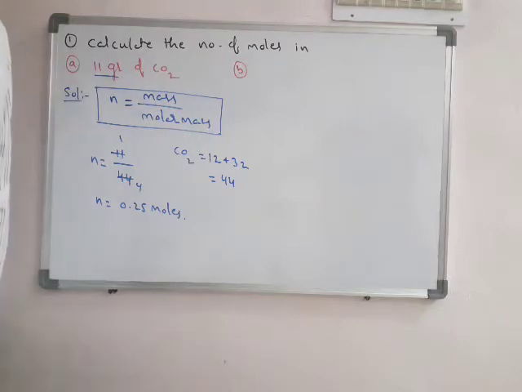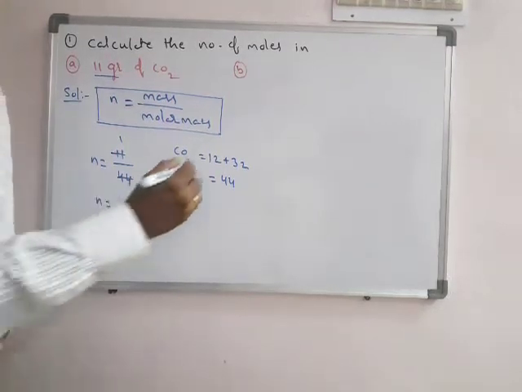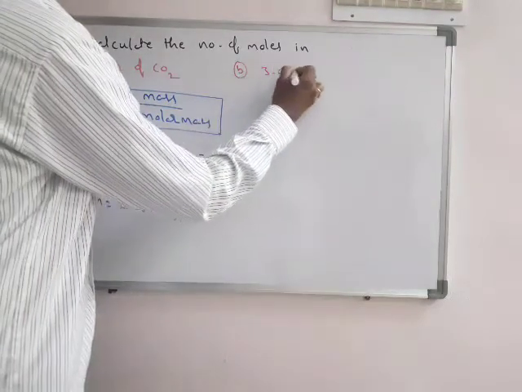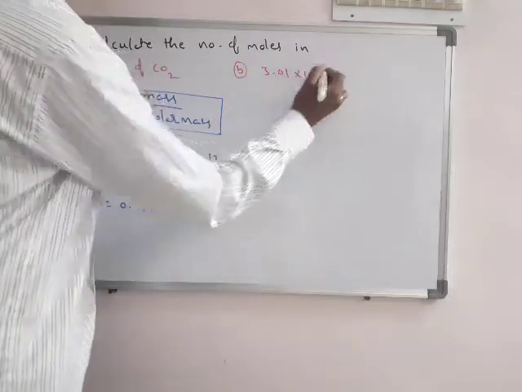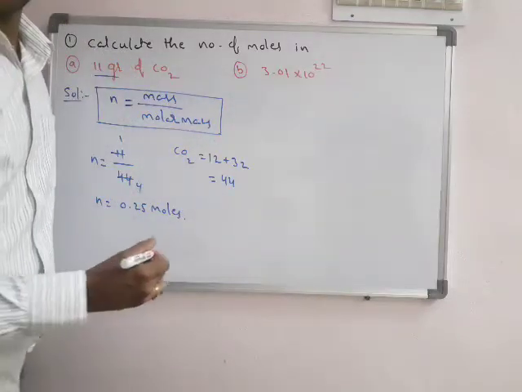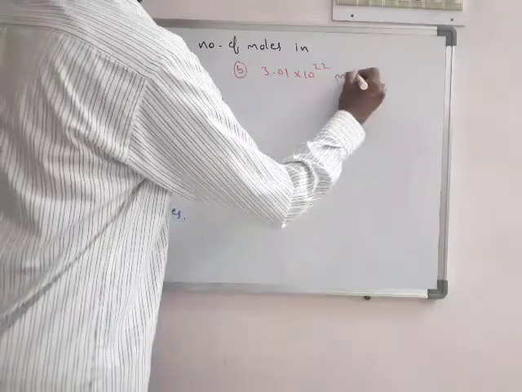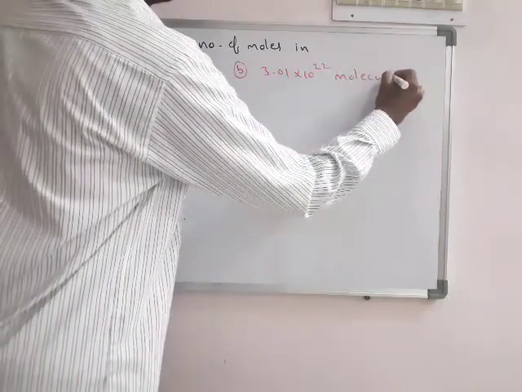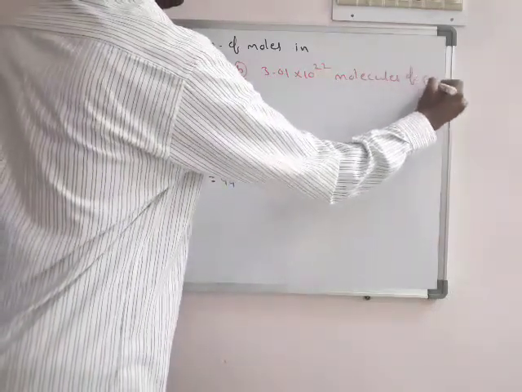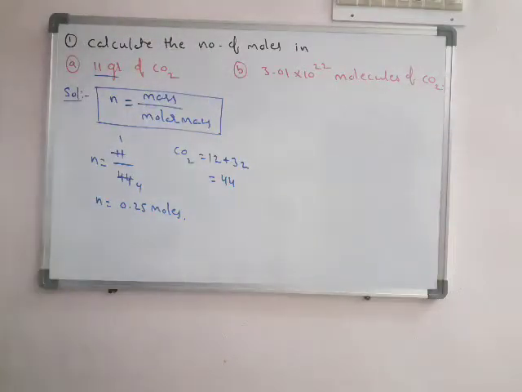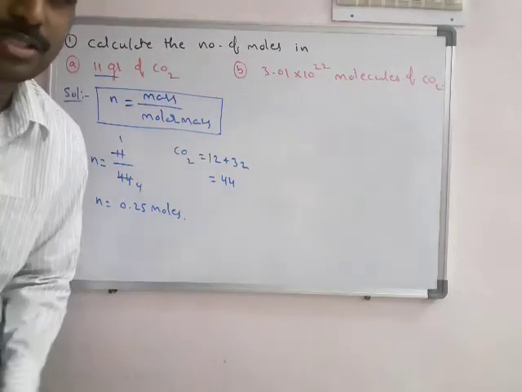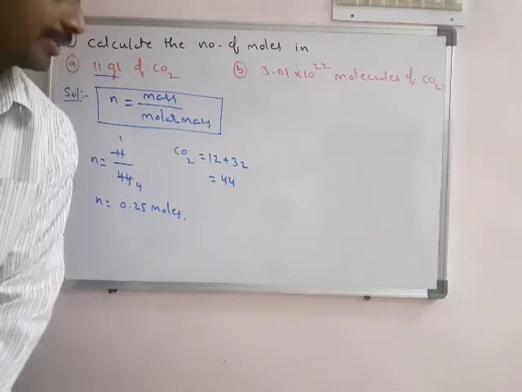Okay, next in the same problem: calculate the number of moles in 3.01 into 10 power 22 molecules of CO2. Here numbers are given. So what is the formula when numbers are given?